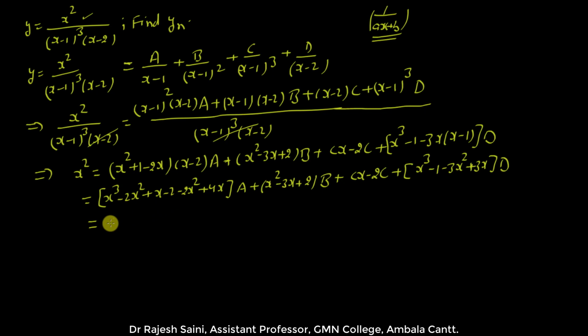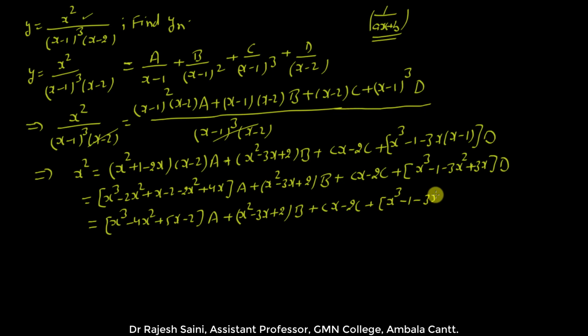Now collect one more time: you can write it as x square equals a(x cube minus 4x square plus 5x minus 2) plus b(x square minus 3x plus 2) plus c(x minus 2) plus d(x cube minus 1 minus 3x square plus 3x).